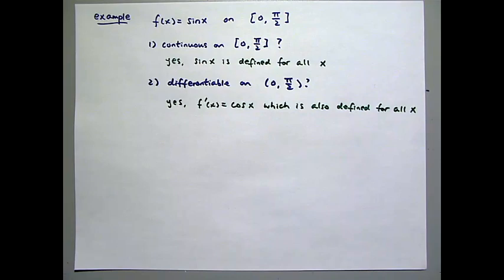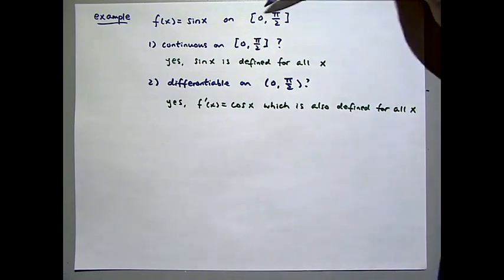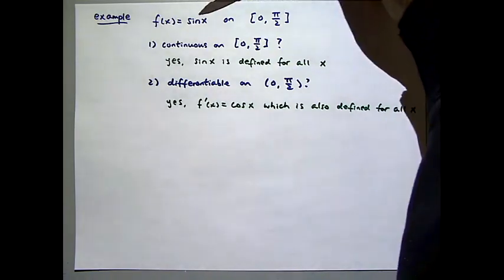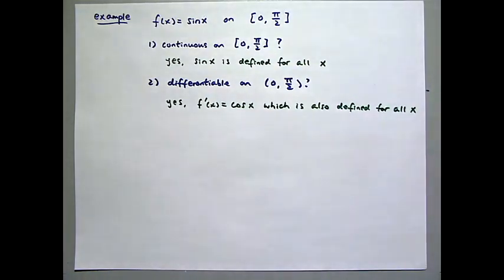Okay, so this means that the mean value theorem guarantees at least one place between 0 and pi over 2 where the tangent line slope will be equal to the secant line slope.